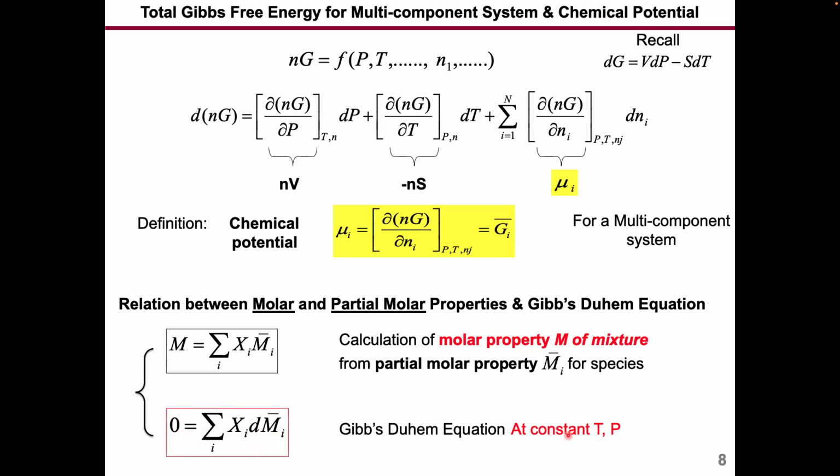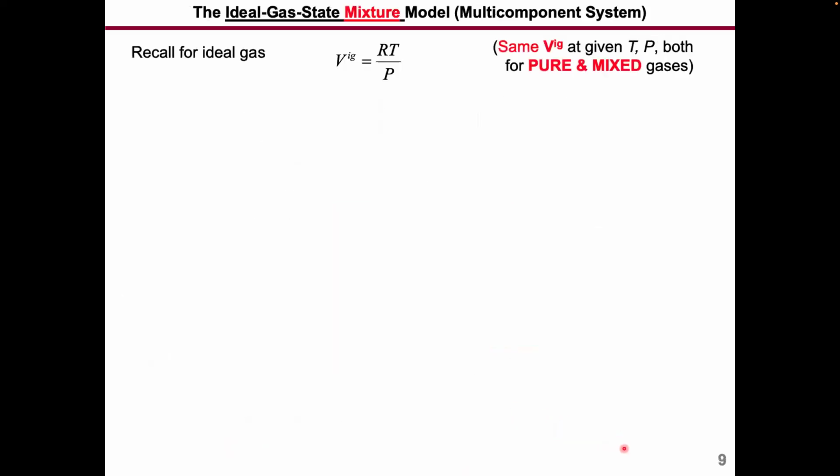For now, this is the correlation between the mixture property, the partial molar property, and the mole fraction. The dMi bar have to fulfill this equation at constant temperature and pressure. All right, so that's the chemical potential. Chemical potential is a partial molar property, called the partial molar Gibbs free energy.